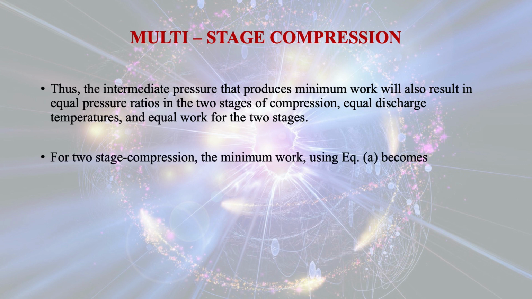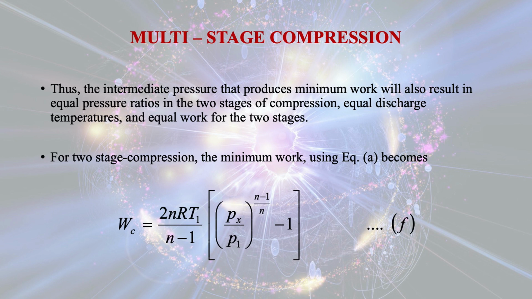For two-stage compression, the minimum work using equation A becomes Wc is equal to 2nRT1 divided by n minus 1 multiplied by P2 by P1 to the power n minus 1 by n minus 1.